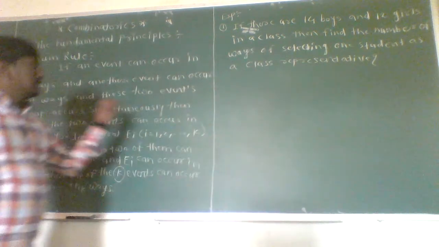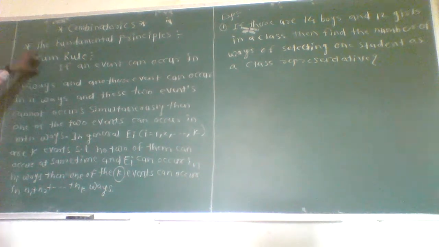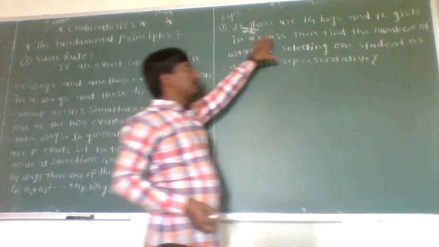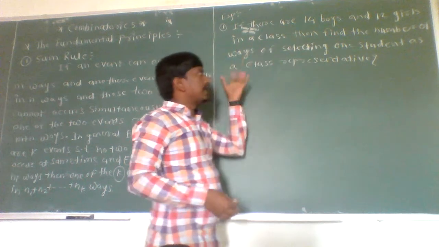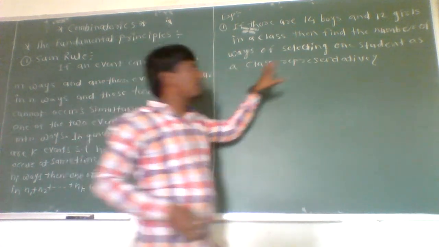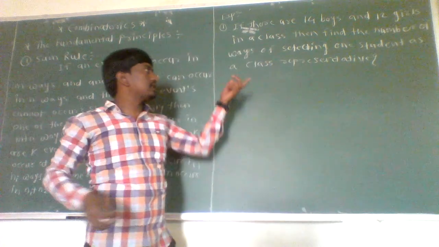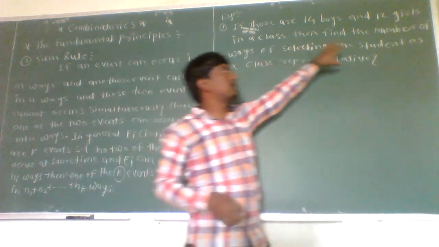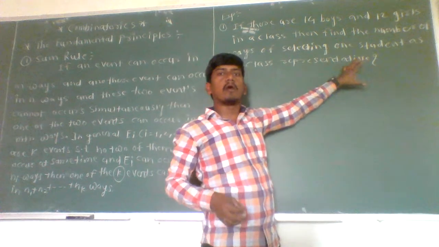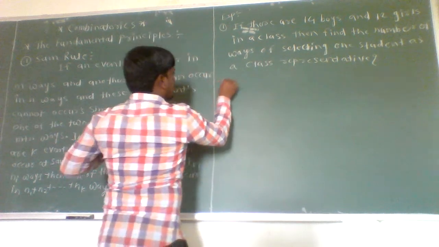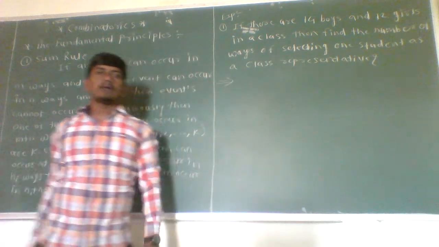Now we have to see what the use of this sum rule is. If there are 14 boys and 12 girls in a class, then we have to find the number of ways of selecting one student as a class representative. That is, one student is either a girl or a boy. In this problem, we use the sum rule.